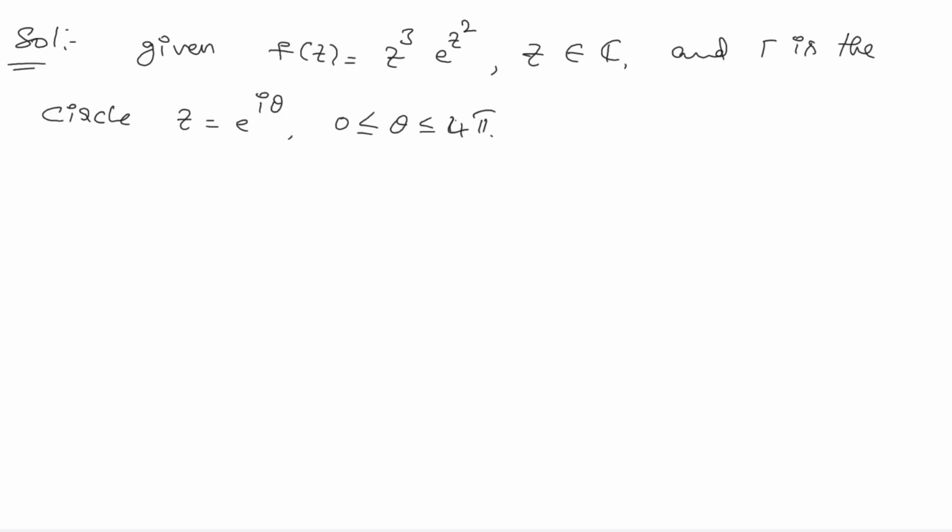So firstly, let's look at the circle and then we'll come to the argument principle. By just looking at the circle that is given, this is a circle of radius 1.